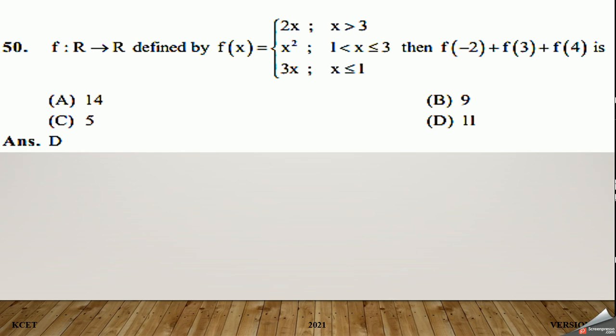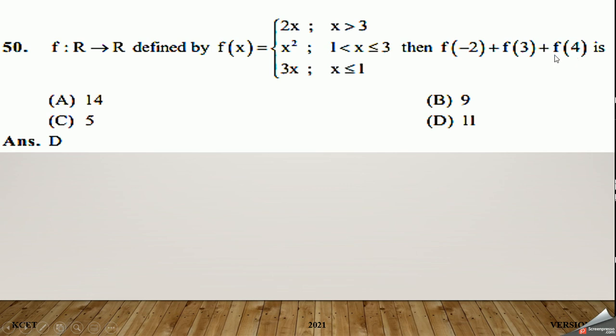Coming to this, you are going to find out the value of f of minus 2, f of 3 and f of 4. F of minus 2, x value is minus 2. It means I'm going to consider the third function 3x. For f of 3, I'm going to consider the second function x square, given the condition that x is less than or equal to 3.